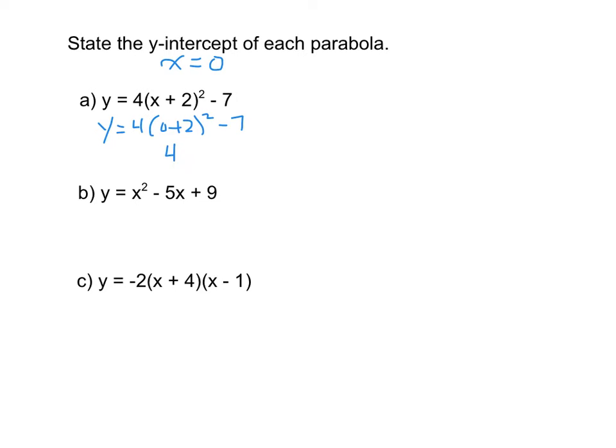So 4 times 4 minus 7. y equals 16 minus 7. And therefore, the y-intercept is going to be 9. 16 minus 7 is 9.